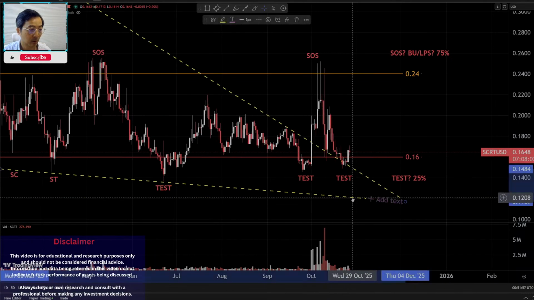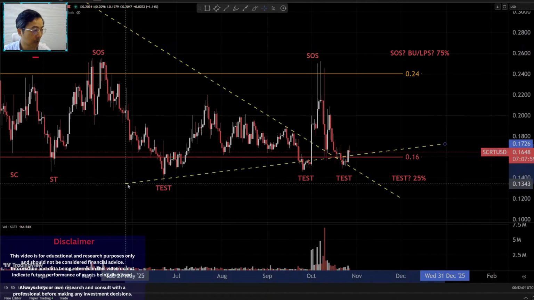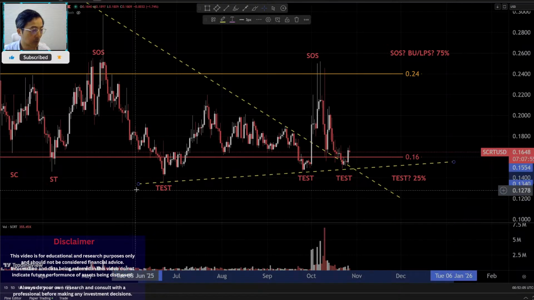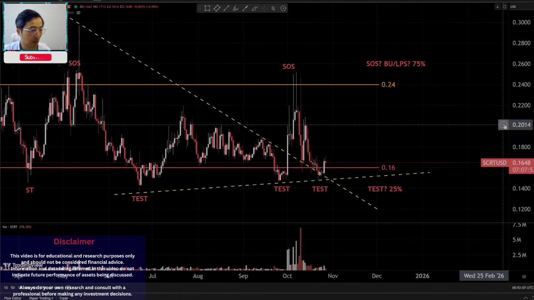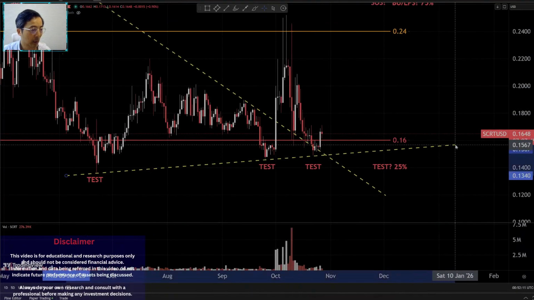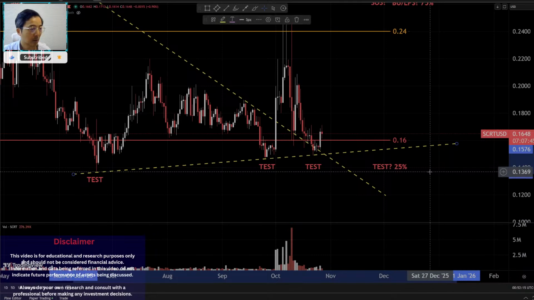So what I'm going to do is I'm picking this line, I'm trying to readjust it, line it up across the tests, because we seem to have a higher low situation. Not that it's going way higher than the previous, but still is an uptrend. So that's a good sign.